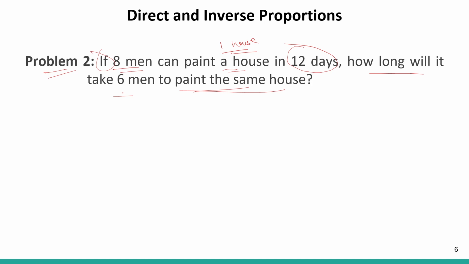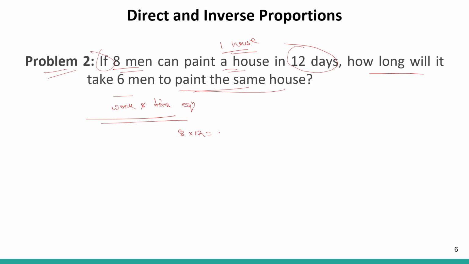Let's use again that work time equation. It is the number of workers, that is 8, into the time it took, that is 12 days. How long will it take 6 men to paint the same house?